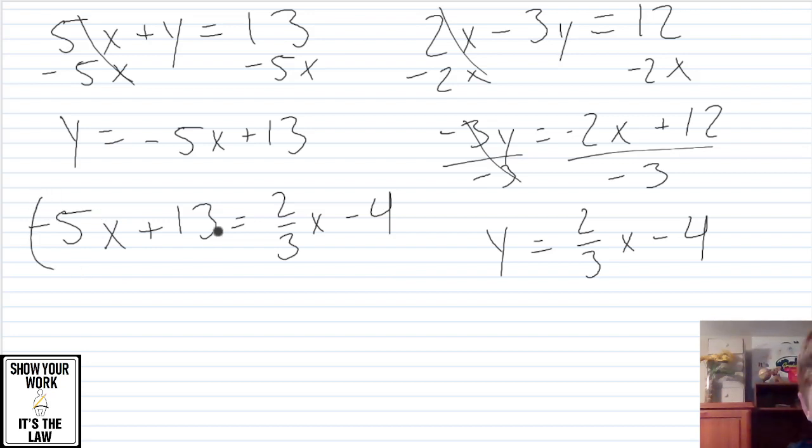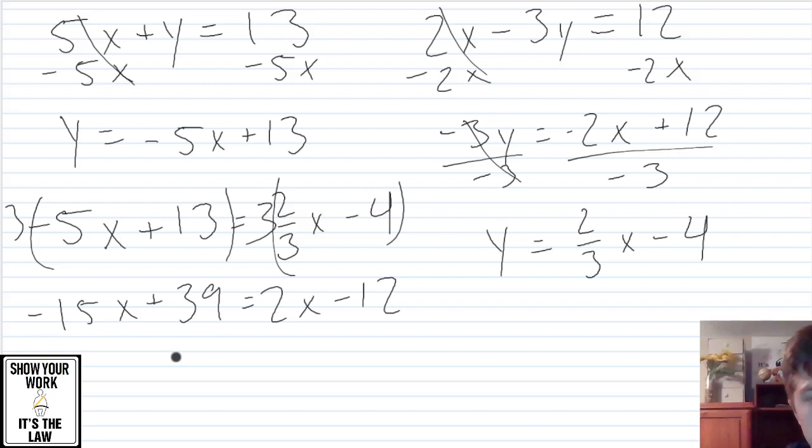Let's clear our fractions by multiplying everything by 3: negative 15x plus 39 equals 2x minus 12. Getting 15x plus 12, and 15x plus 12, and we're just combining our terms, so that gives us 51 equals 17x.